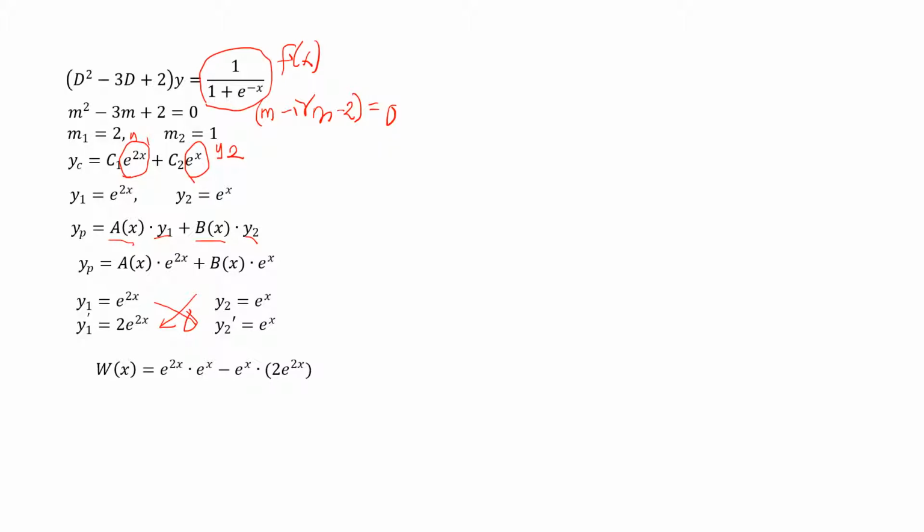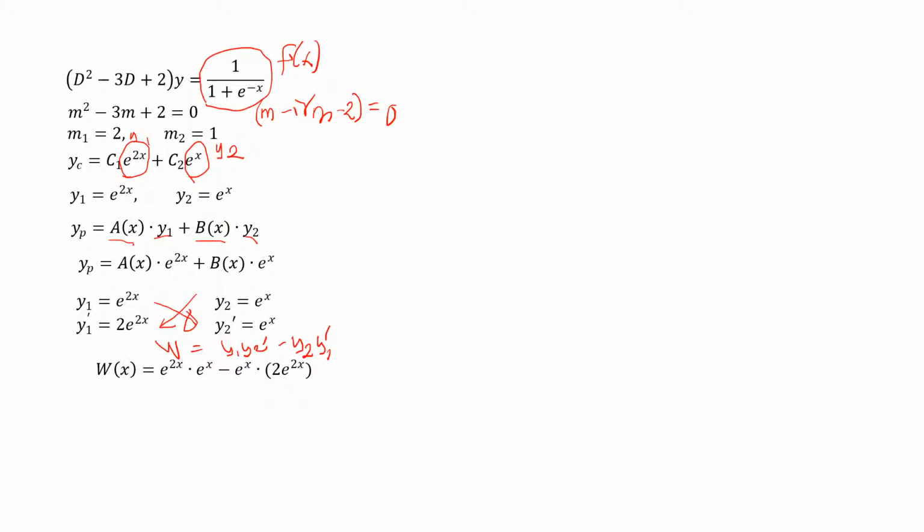Our formula of the Wronskian is the same as y1 y2 prime minus y2 y1 prime. So it's easier for us to remember this formula by using this technique.